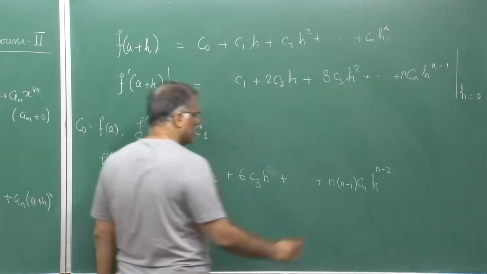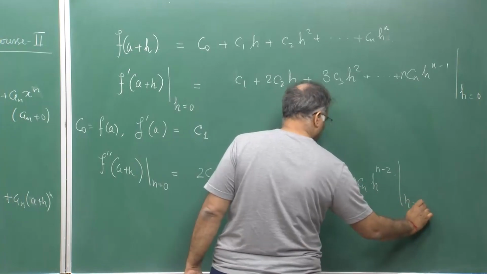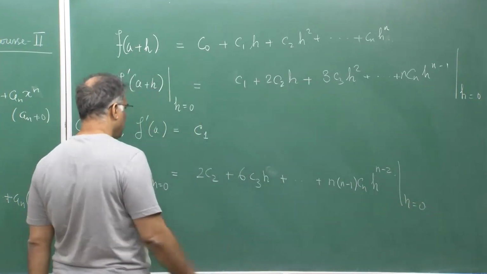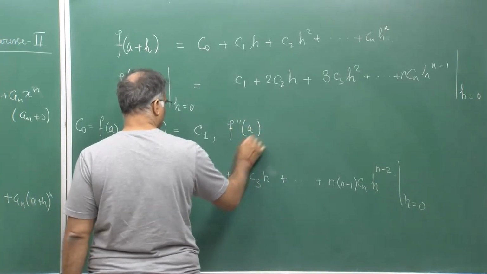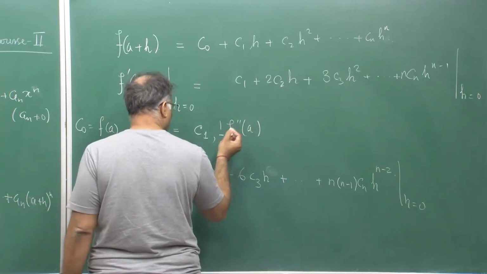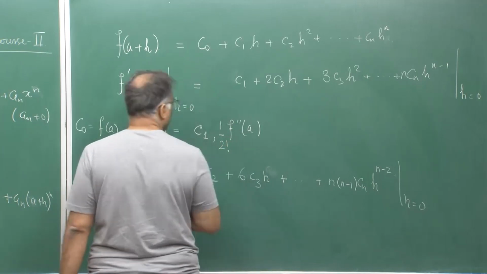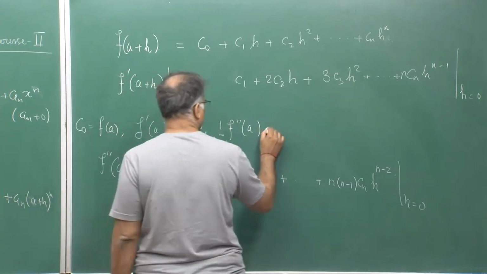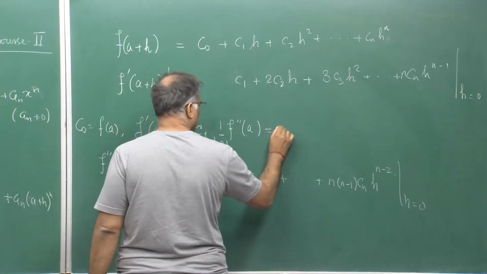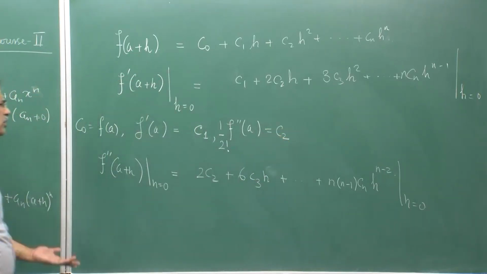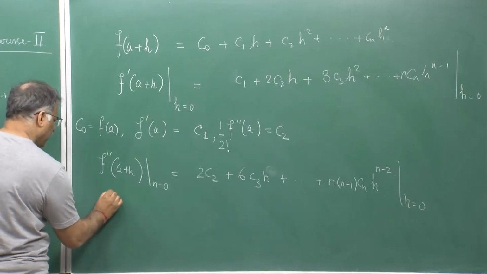Now you calculate this at h equal to 0. Once you do that, you will immediately see that f double dash a by 2, which for some reason we will now write as factorial 2, is equal to c2. Similarly, you can try out with the third derivative.